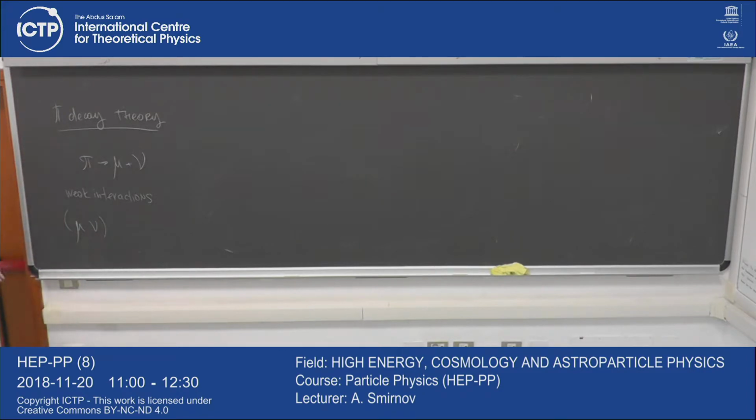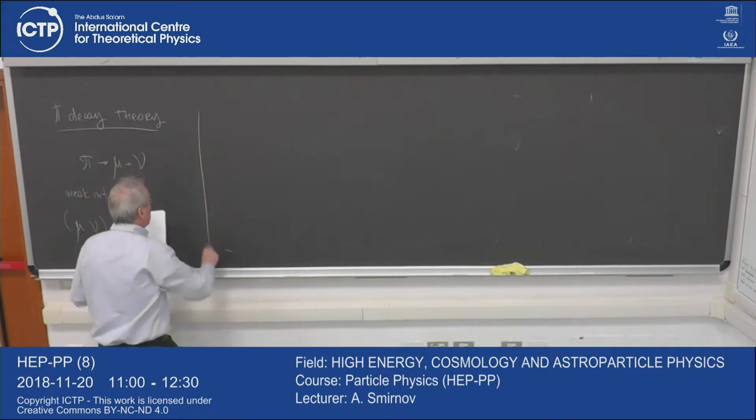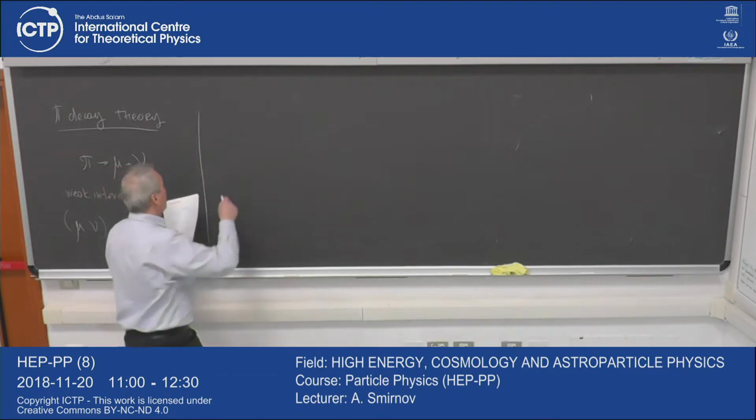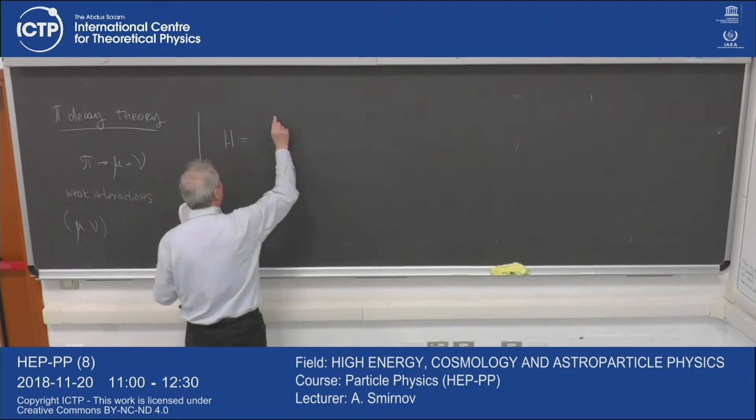It looks like interactions in which charged leptons appear with a neutrino, similar to muon decay and also to beta decay. So, using analogy to what we learned before, we can write the Hamiltonian responsible for this decay.